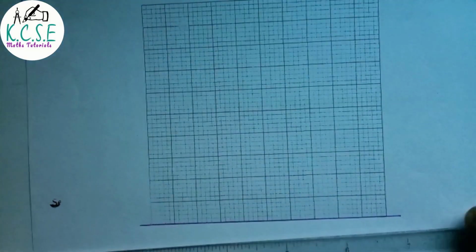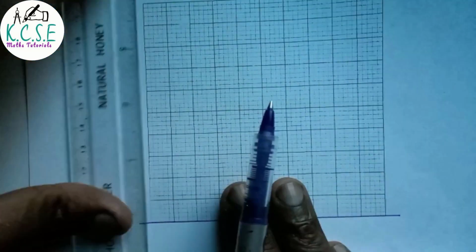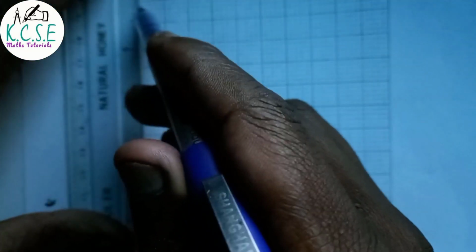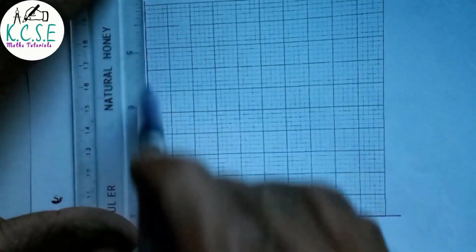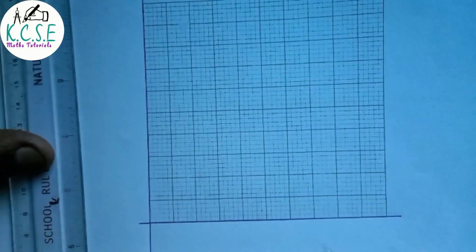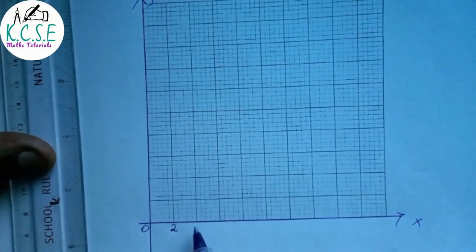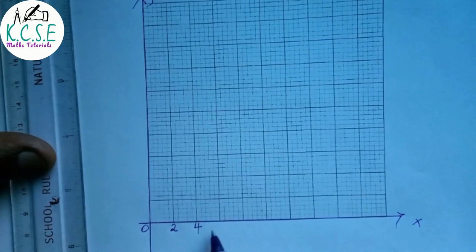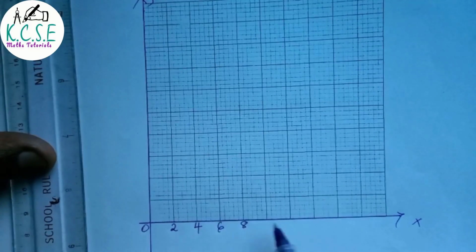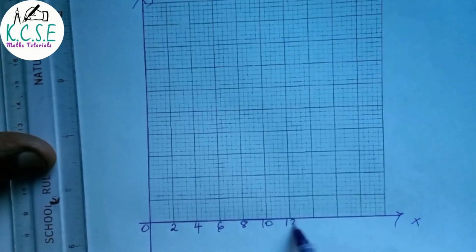So just take a ruler and draw. So this is the y-axis, and this is the x-axis. I'll use a scale of 2: this is 2, 4, so that it can fit 6, 8, 10, and 12.